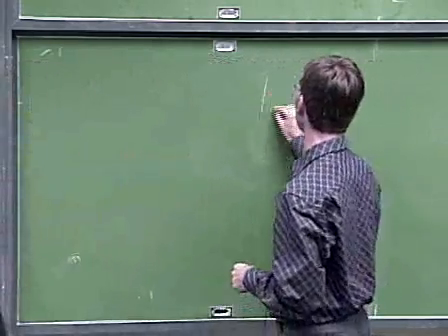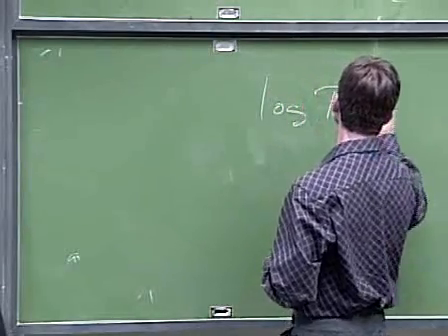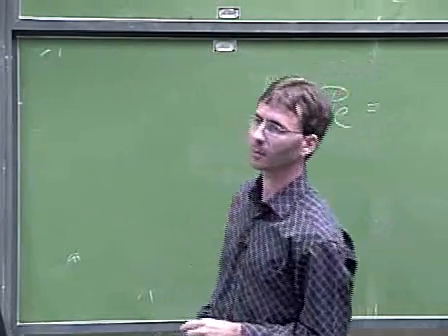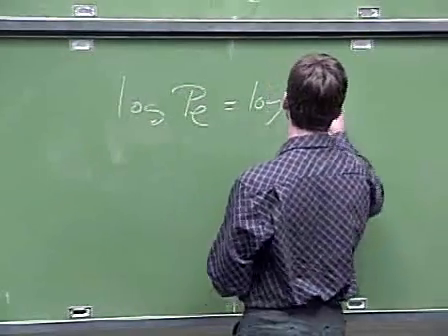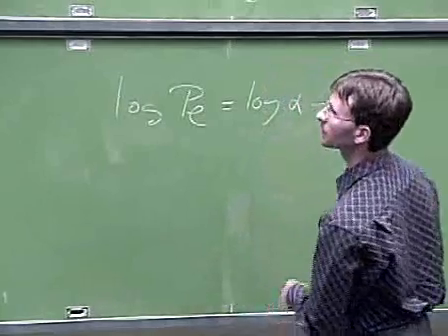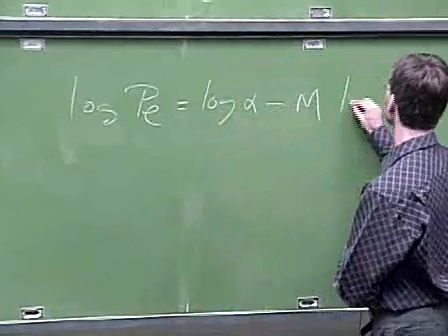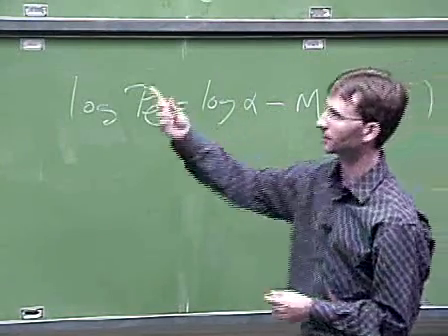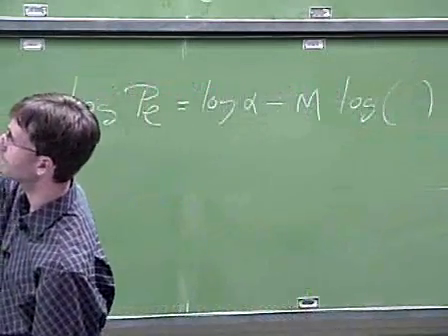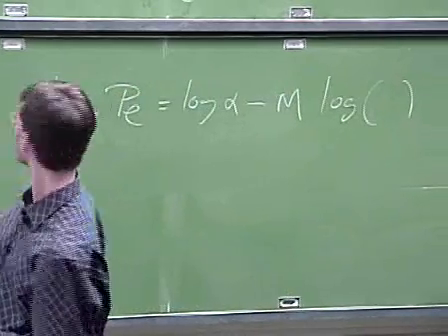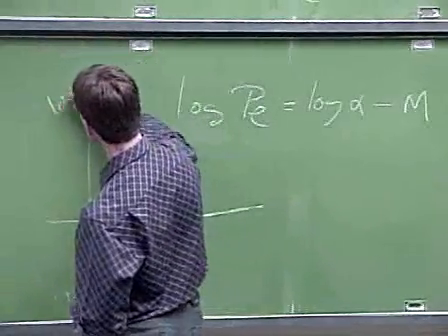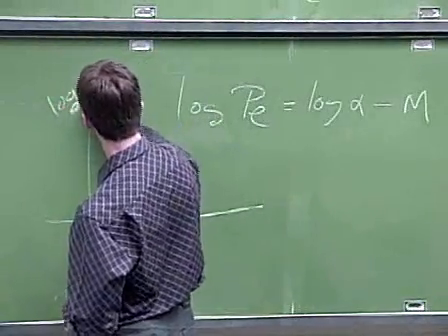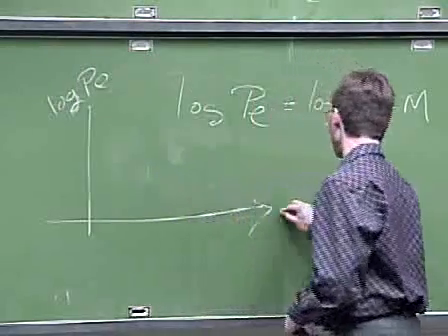Take the logarithm on both sides, and you have the log of the error probability. And what happens when you take a logarithm? The exponent comes down. So you get the log of alpha minus M times the log of whatever's left in the parentheses, which is essentially a constant times gamma bar in dB. So essentially you get a plot: you plot here the logarithm of the error probability as a function of gamma bar in dB.